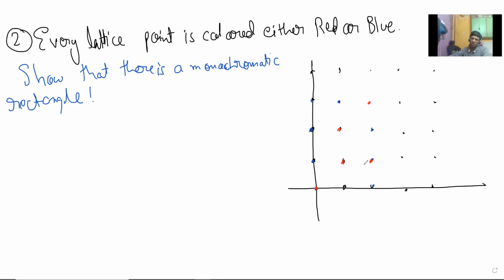Okay, in a row. So let's look at the 0th row, R0. So there will be one color which will come two times or infinitely many times.